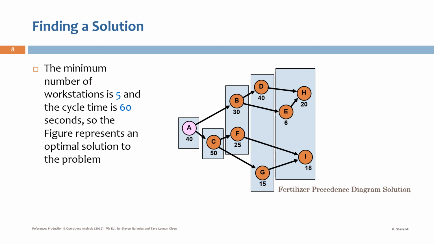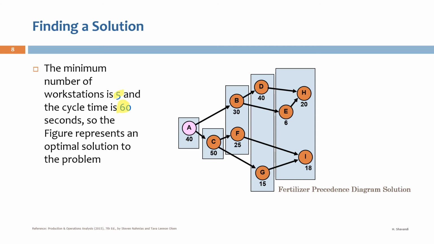So for our example, the minimum number of workstations is 5 and the cycle time is 60, right? So now we want to see how we can group the tasks and assign them to workstations in order to meet the precedence relationship requirements, and also the cycle time.